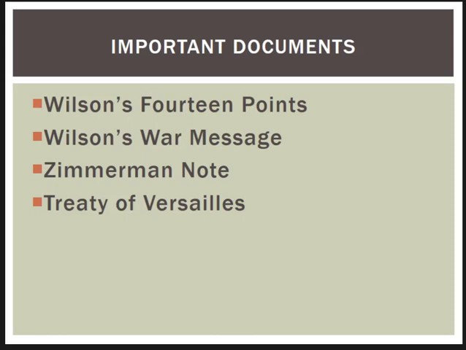That really presents a direct threat to certainly the southwestern United States, and for a long time Wilson had been able to avoid going into this war with the idea that there was no direct threat to the United States. The Zimmerman Note created that threat.